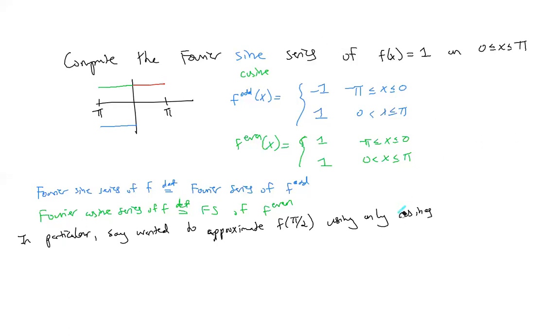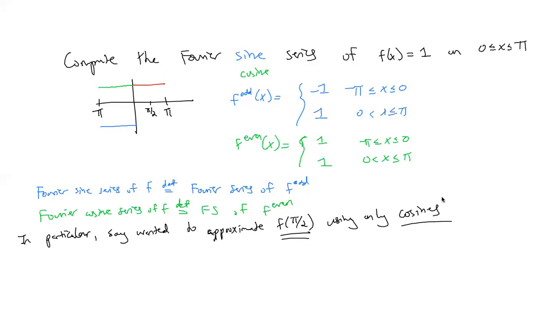Then what you could do is extend f to be an even function, find the Fourier series of that function, and then since it's continuous or piecewise continuous, it converges at pi over 2, for example, and you could just plug in pi over 2 into your cosines.